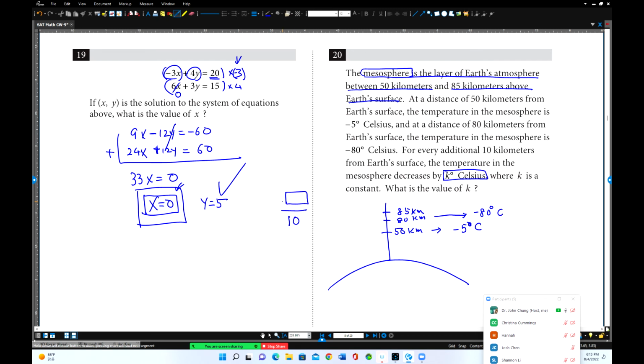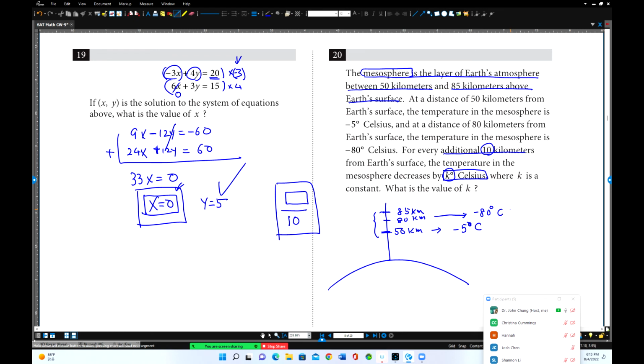Every 10 kilometers, how much is the change in temperature? How can you find it over here? Between these two points, in this range, we follow this rule. For this K degrees, for every increase of 10 kilometers, it's already linear, right? They said it is linear, the same amount.